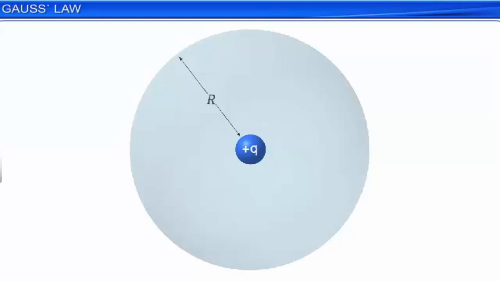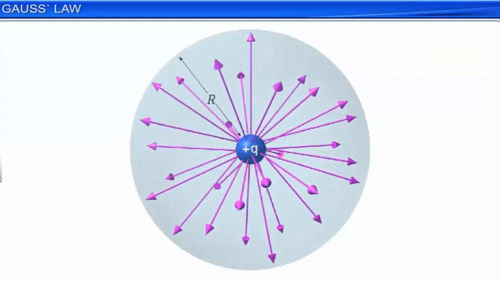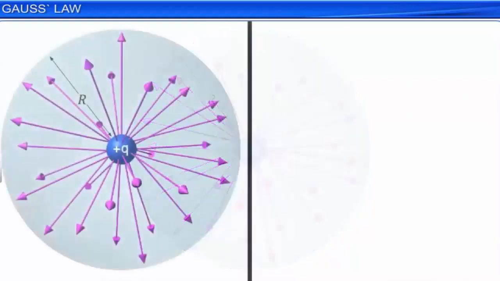The electric field lines of the point charge plus Q are outwardly normal to the charge and hence are outwardly normal to the sphere at all points on its surface. The magnitude of the electric field E at a distance r from the point charge is equal to 1 by 4 pi epsilon naught Q by r square.